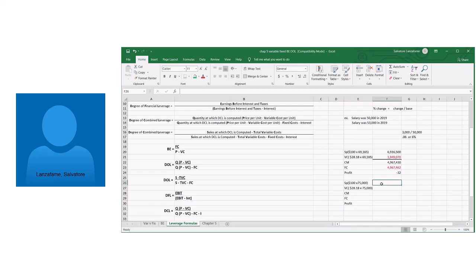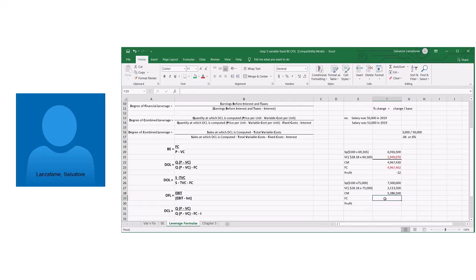Okay, so if I do that math, I get 7,500,000 for the sales. My variable cost would now be 2,113,500. Calculating my new contribution margin, that would be 5,386,500.